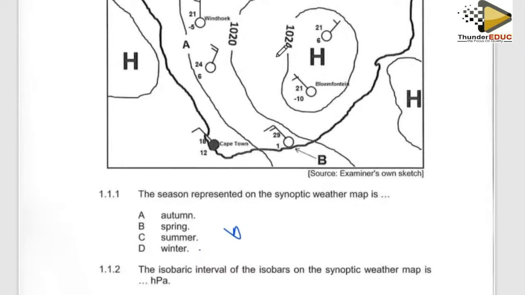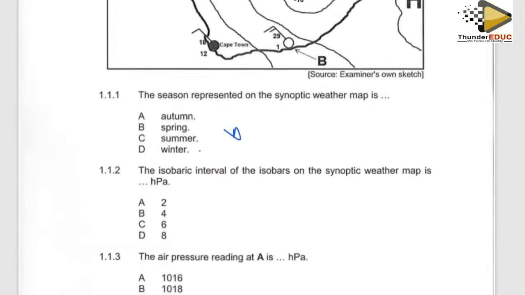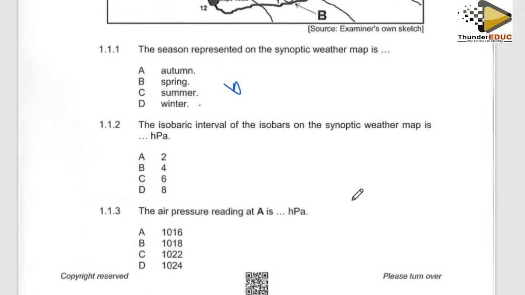That means as you get away from the high pressure, it's decreasing, by 4. So 1020 minus 4 becomes 1016. But the question asks for the isobaric interval, the difference between the different isobars, which is 4. So the answer becomes B.